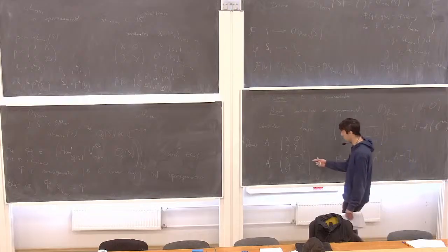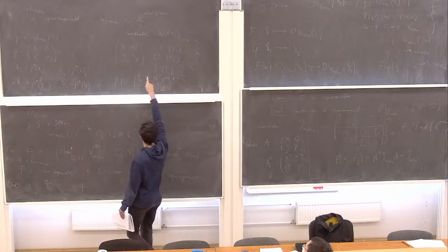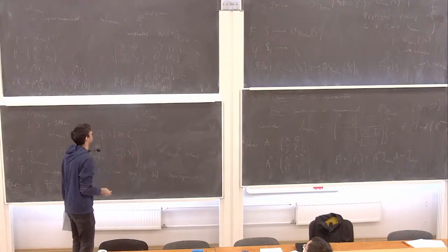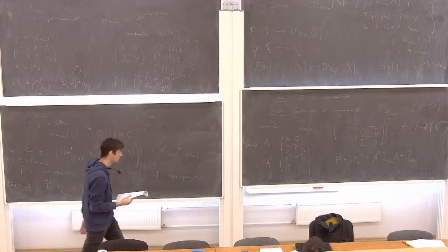Well, it's a coordinate, like these are coordinates on R m squared plus n squared to mn. So these are functions, like global functions on GLMN, right?